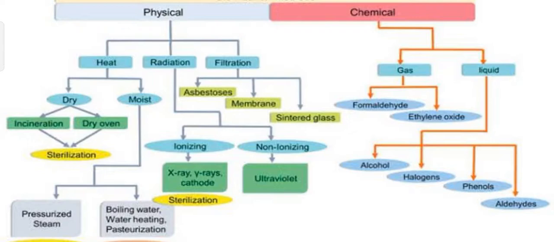Under chemical method, it is divided into gas and liquid. Formaldehyde and ethylene oxide are the gases we use for sterilization, and other chemical agents are alcohol, halogens, phenols, and aldehydes.